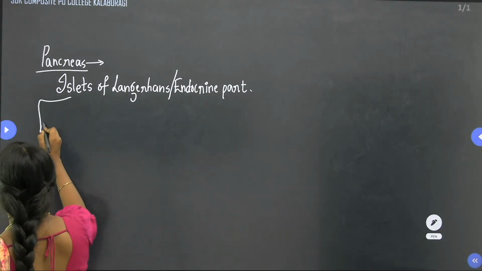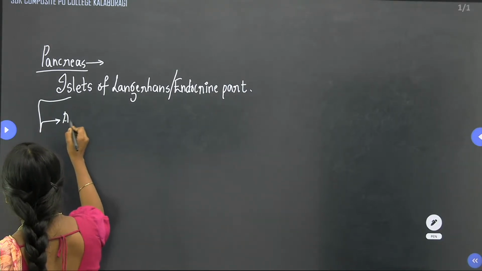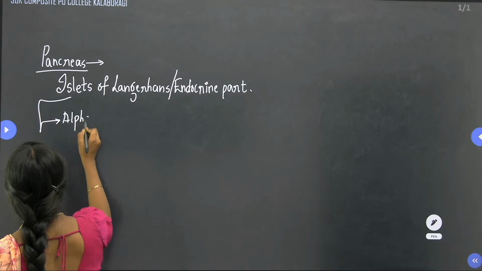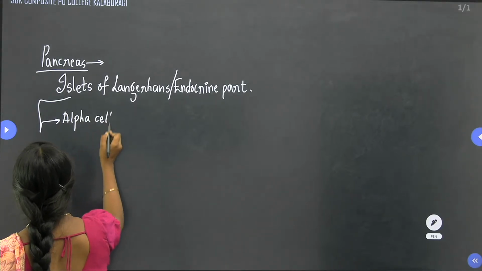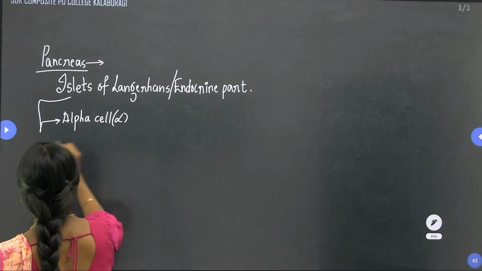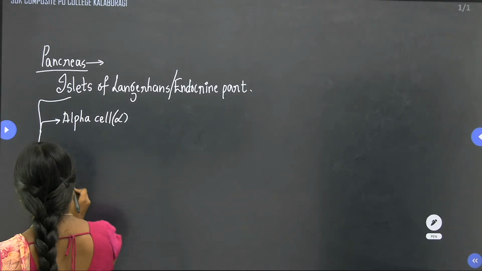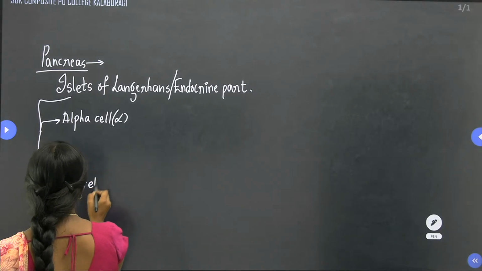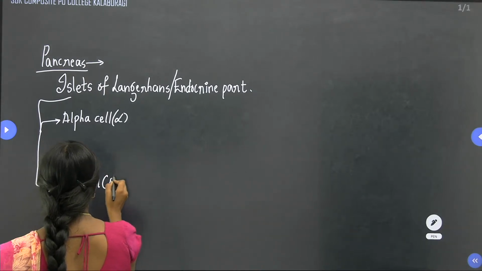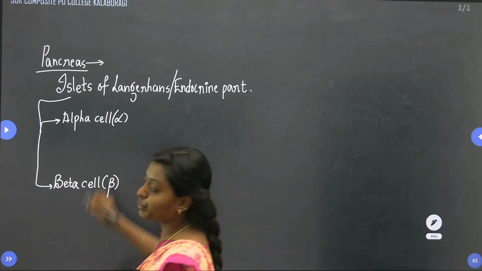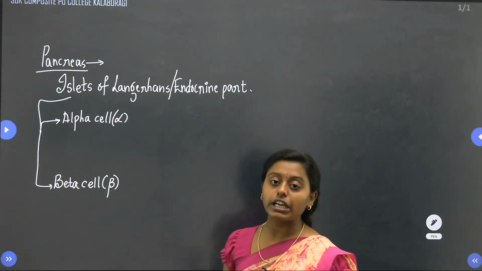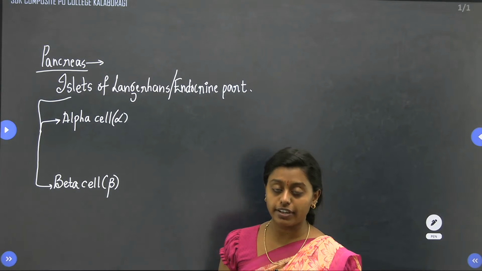Looking into the cells present in this, the islets of Langerhans consist of two major types of cells, the alpha cell and the beta cell. These are the two types of cells present in the endocrine part of the pancreas.